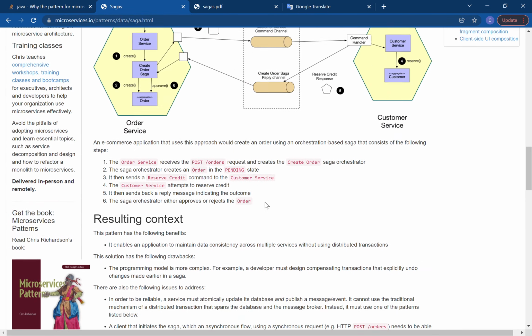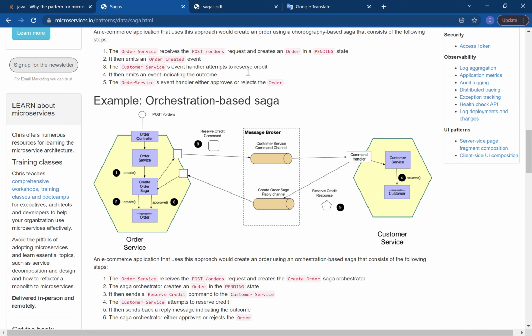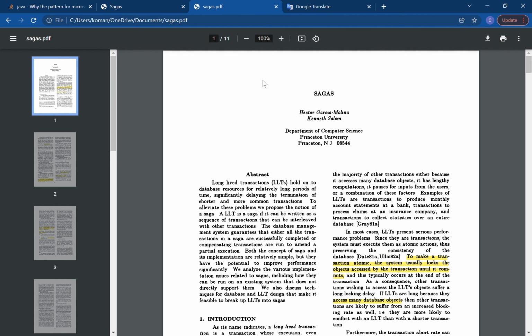But I also found another document, the initial original scientific research on this pattern, and I will try to highlight some ideas which were not reflected publicly, and maybe it will be interesting for you.